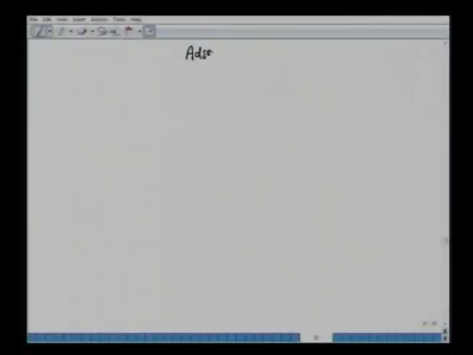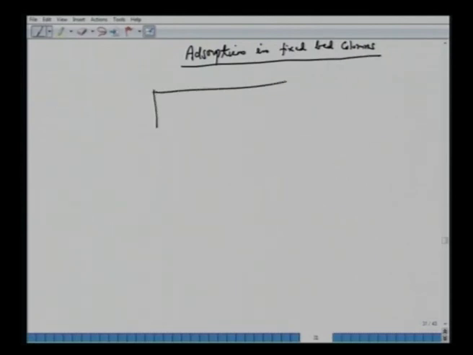Okay, so let's begin with today's lecture, adsorption in fixed beds or fixed bed columns. These are all packed bed columns. Schematically, maybe you have a tube or a column, could be vertical as well, packed with adsorbents.